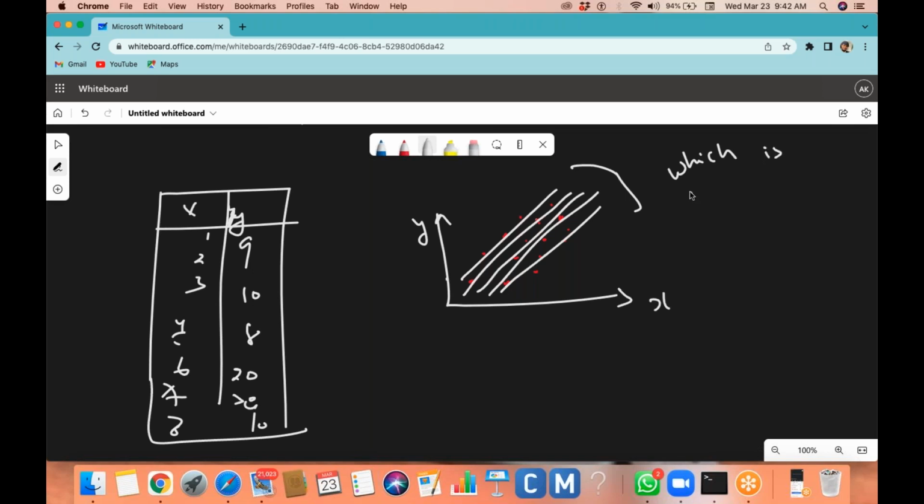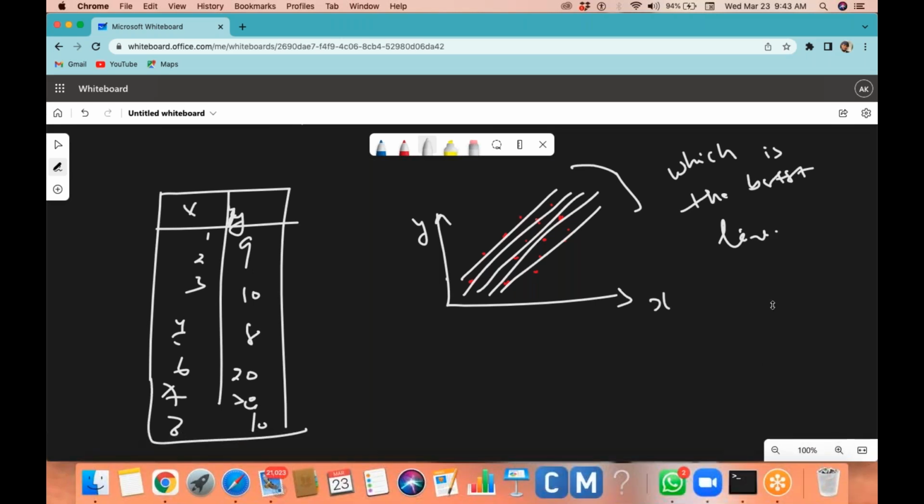That is the best line that we need to find with the help of this particular concept. Is it clear? Yes, sir.